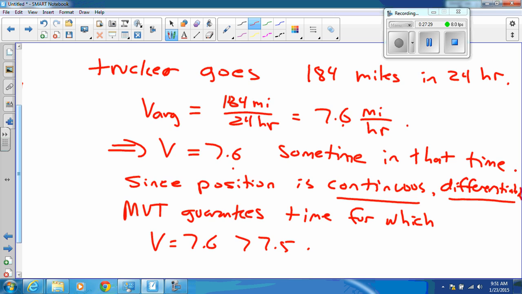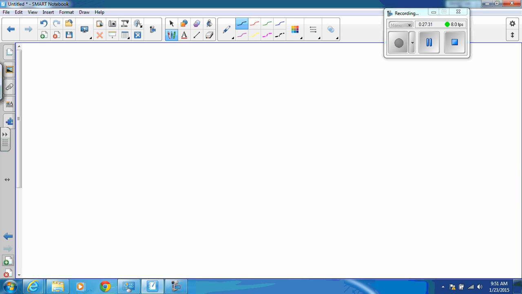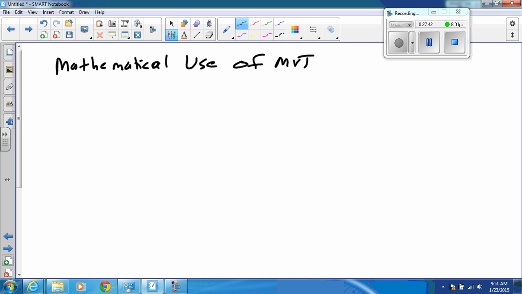Exactly. Okay. I want to show you a mathematical use for the mean value theorem, and that is to prove results that are useful in other areas.